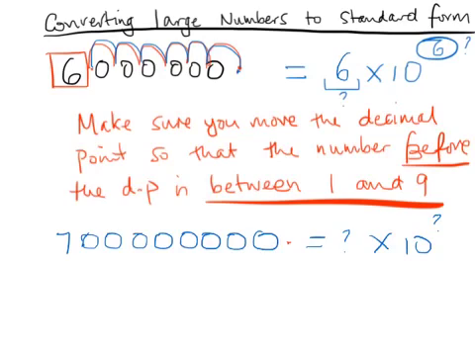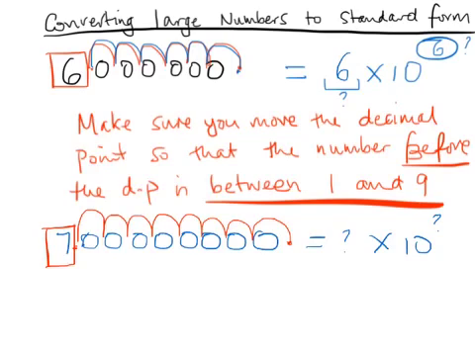And how many times do we need to move the decimal point? Once, twice, 3, 4, 5, 6, 7, 8. And now, if the decimal point is there, this number before the decimal point is between 1 and 9. We stop at that point. How many times did we jump?